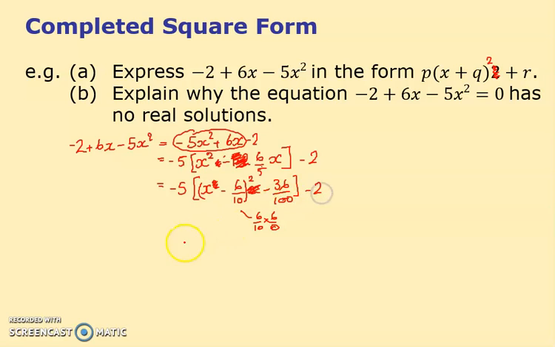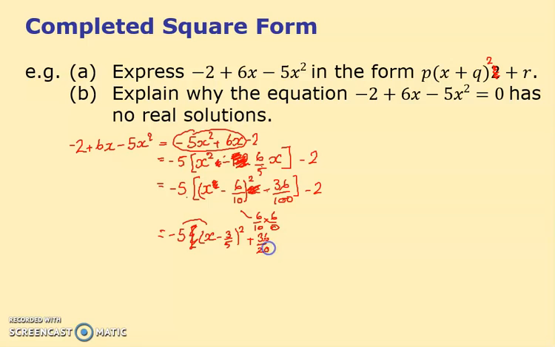Minus 2. Now, multiply this out, it says minus 5. And just see if we can tidy this up a bit. x minus, this is really 3/5. It's much better if I write 3/5. And 36 over 100. In fact, I shall multiply it out at the same time. Minus 5 times that gives me, I think, 36 over 20.